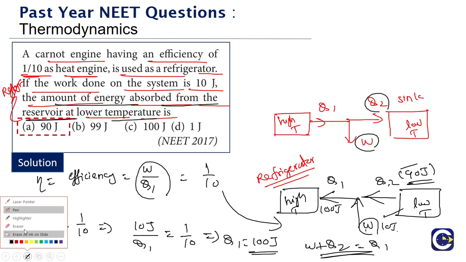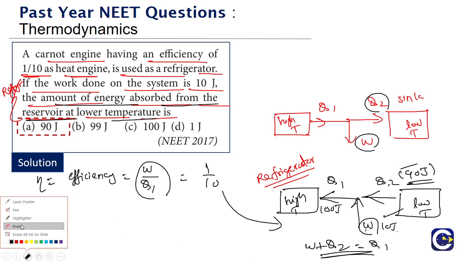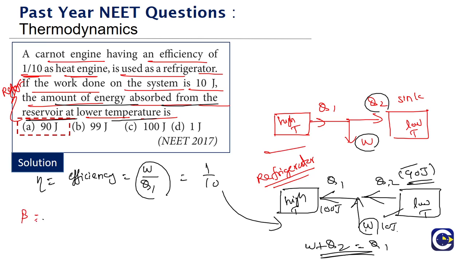For the refrigerator, we use something called the coefficient of performance, which is COP. Generally we indicate this with the symbol beta. The performance of the refrigerator is measured by the coefficient of performance.